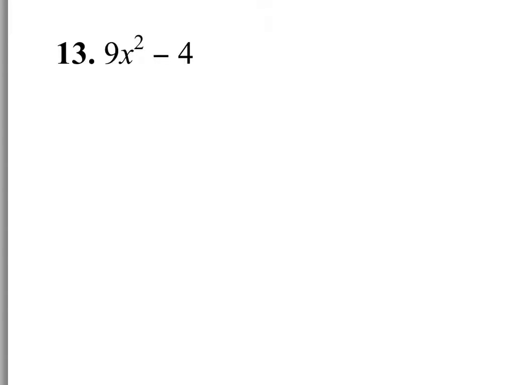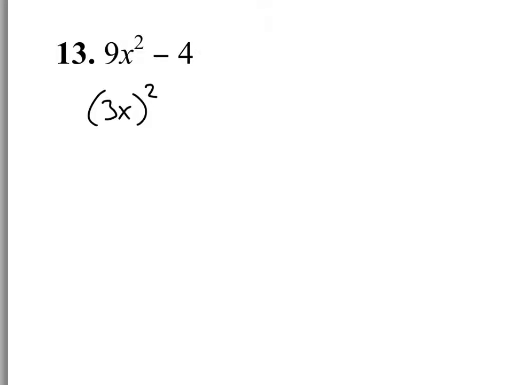For example, number 13. You might be saying, wait a minute, only the x is being squared right now. They're not two squares. But actually there are. We can rewrite 9x squared as 3x quantity squared, because 3x times 3x gives us 9x squared.